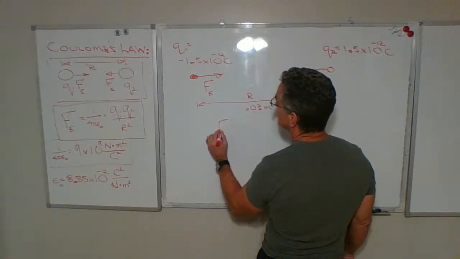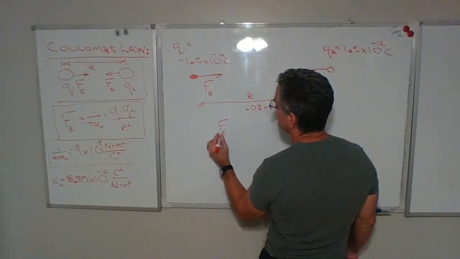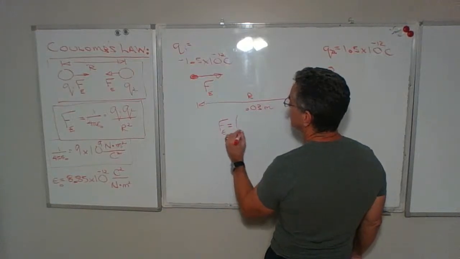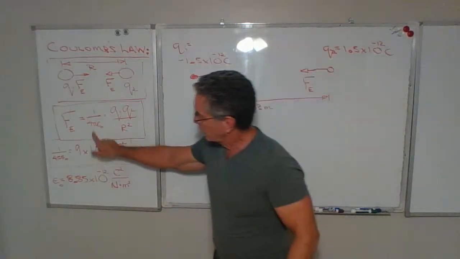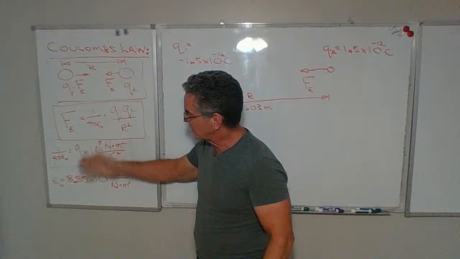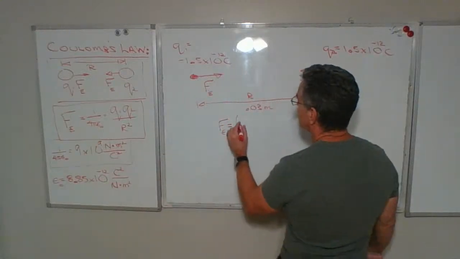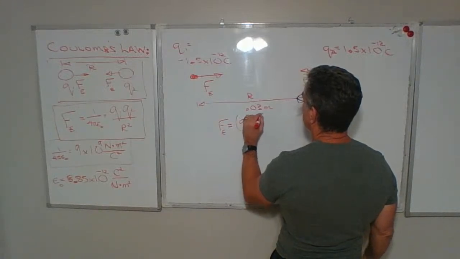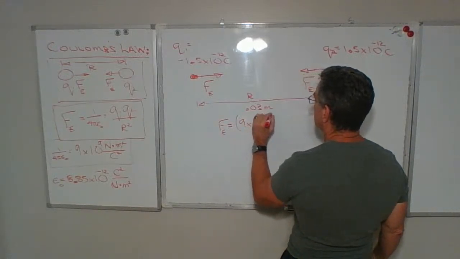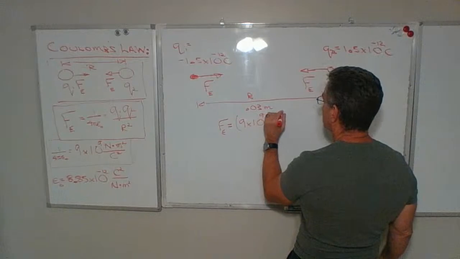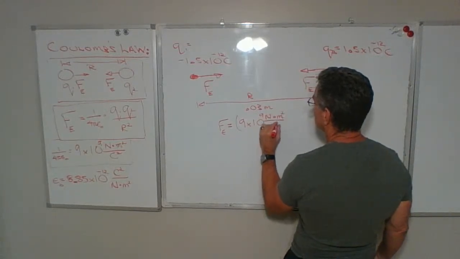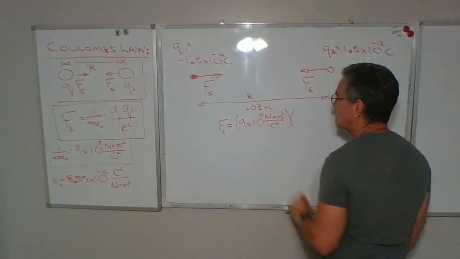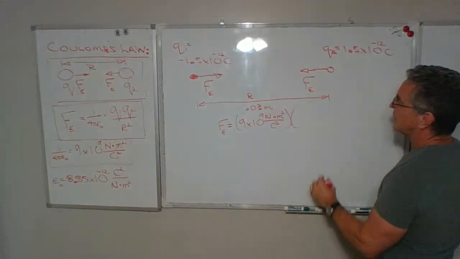So let's see. This electric force is going to be equal to, well, the 1 over 4 pi epsilon sub 0 always needs to be there. We know that its value is 9 times 10 to the 9th newtons meters squared per coulomb squared. Now we'll multiply that by the two charges multiplied together.